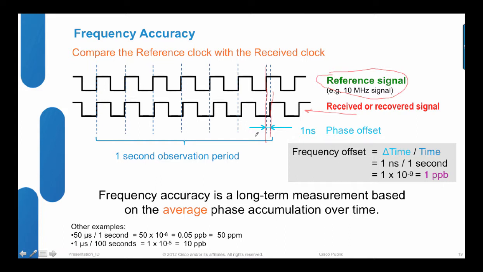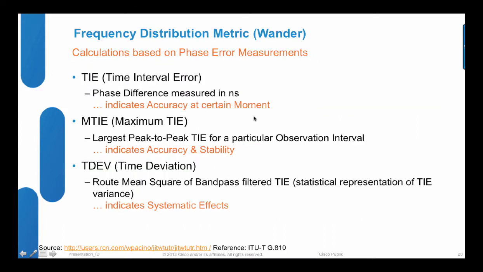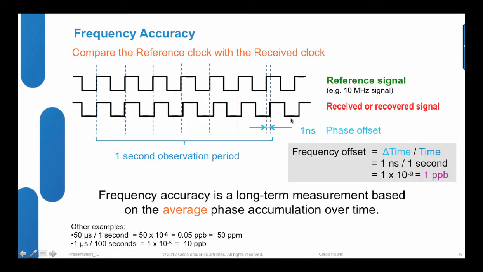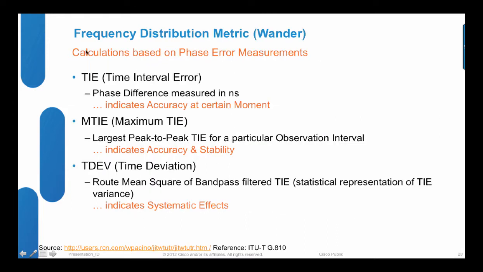There are some terms you need to understand, and one is TIE, which is calculations based on the phase error measurements. This is the time interval error. It is actually the difference between the reference and the measured signal over an observation period, measured in nanoseconds.